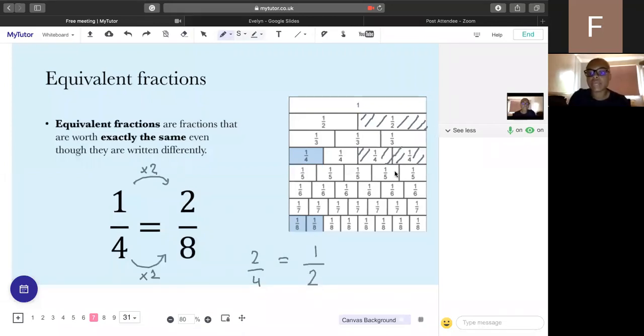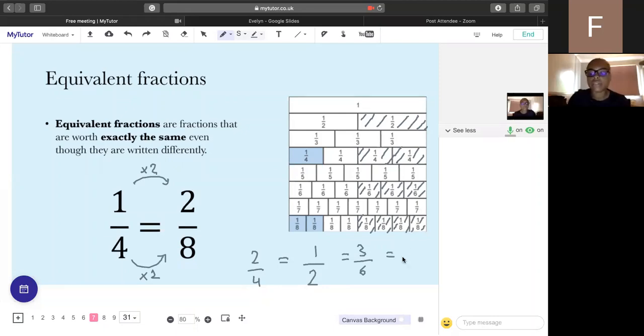And if we continued, we'd also realize that if we shaded in these squares as well, that means that 3/6 would be exactly the same as a half as well. And it would go on to, if we were to shade in 4/8 on top of that. So 4/8 is also the same as a half.